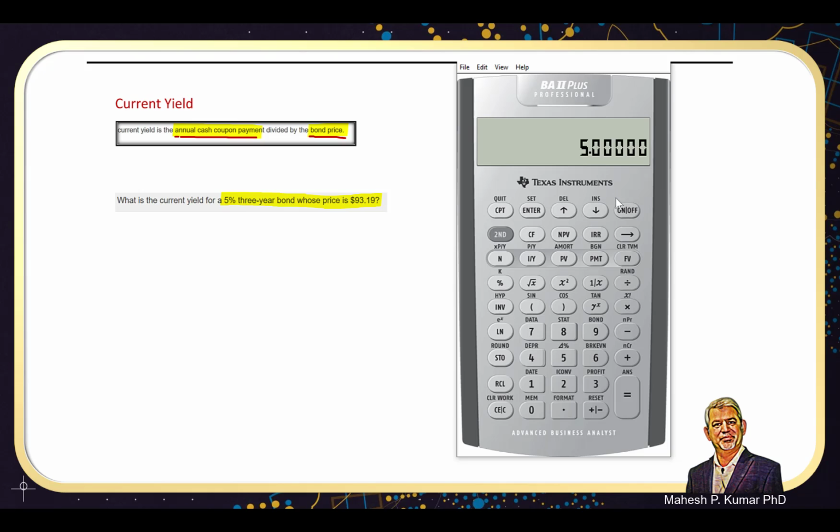Now this $5 is the annual return or yield that we have received, and we will simply divide it by the bond price that is paid to purchase this bond, 93.19, and this is the current yield. If we want it in percentage terms we have to multiply it by 100, so 5.36538% is the current yield for this bond.